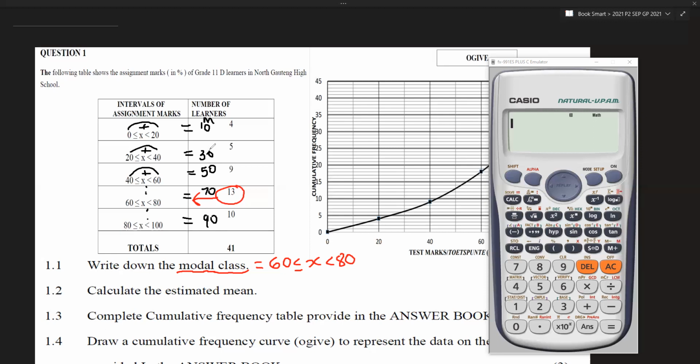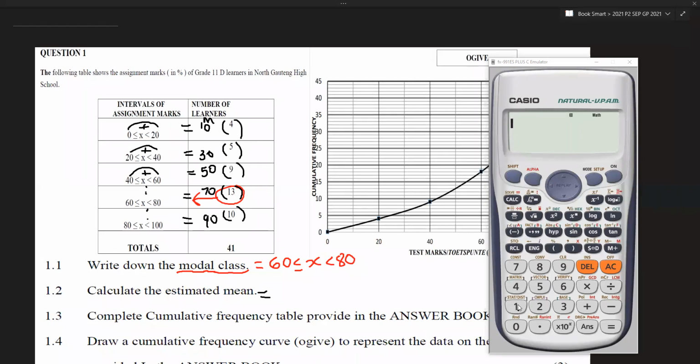And then what you do now, you take your midpoints and multiply with frequencies, and then you add the answers together. This is how we do the estimated mean. Let's get our calculator ready.